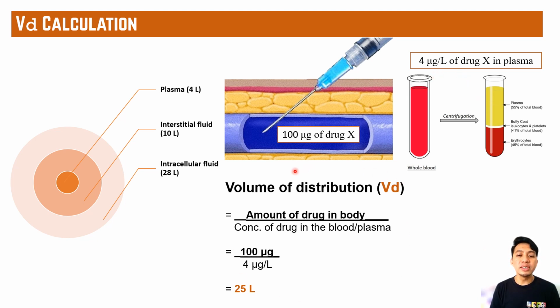Using the volume of distribution equation, the 100 micrograms administered intravenously, which is the drug available in our body, is divided by 4 micrograms per liter, which is the concentration of the drug available in the plasma. You can calculate it as about 25 liters, which shows that drug X has a higher volume of distribution, which means it is not only available in the plasma but can be distributed up to the intracellular fluid.